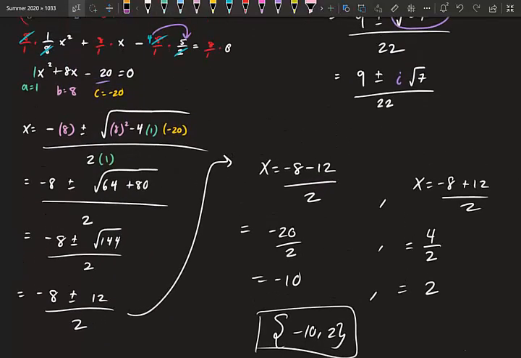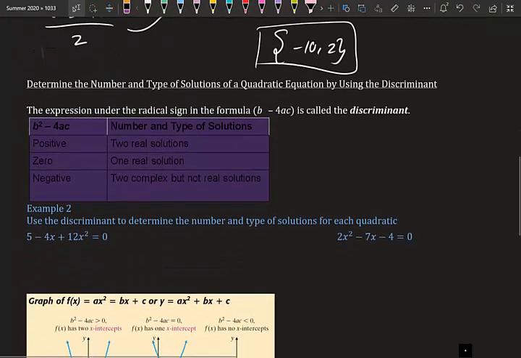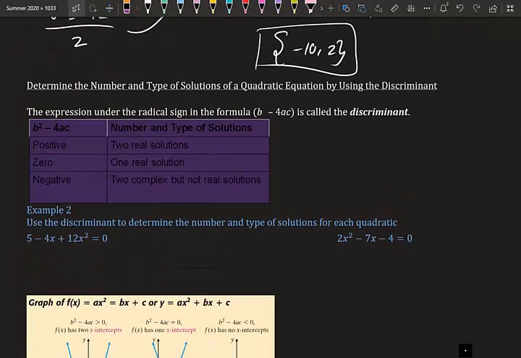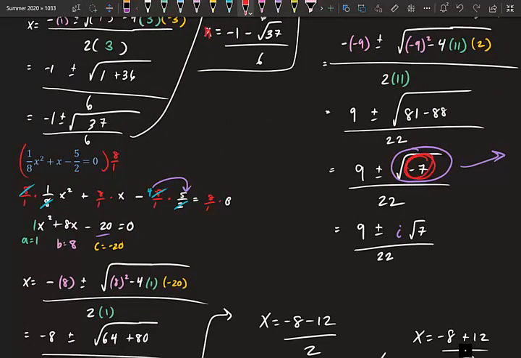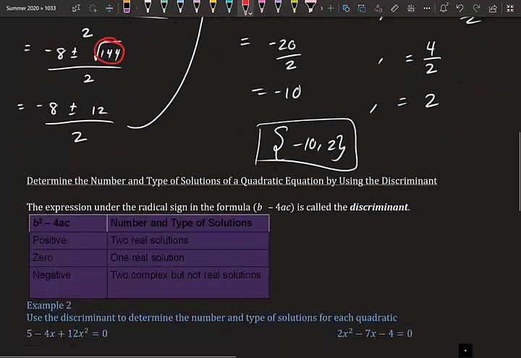That's because our discriminant came out to positive 144, the inside. If the inside is 0, you have one real solution. And if it's negative, you have two complex but not real solutions.